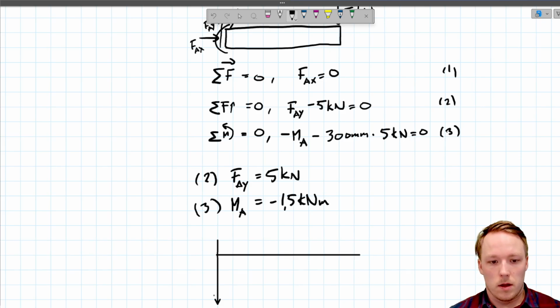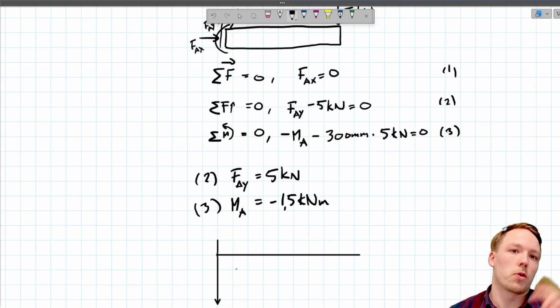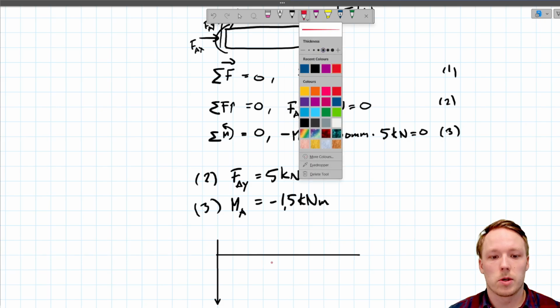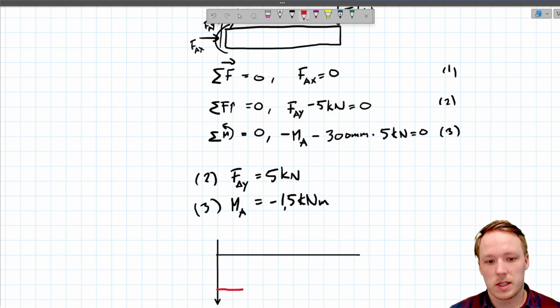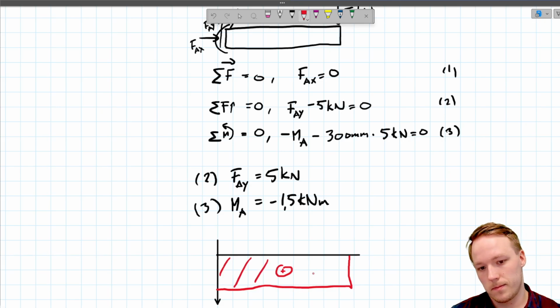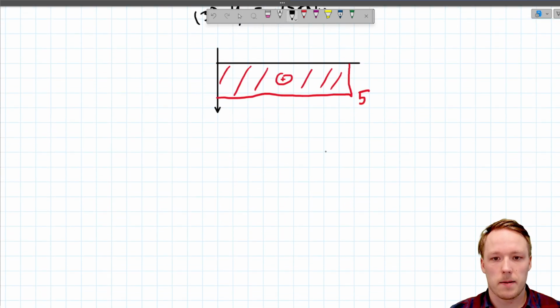So the shear force in this case, because we only have one external load at the tip of the beam, and then here we have the support reaction at the left hand side, we straight away see that our internal shear force will be in positive direction, and it will be the same value all the way through, positive, and the value will be 5, like that. Simple as that.